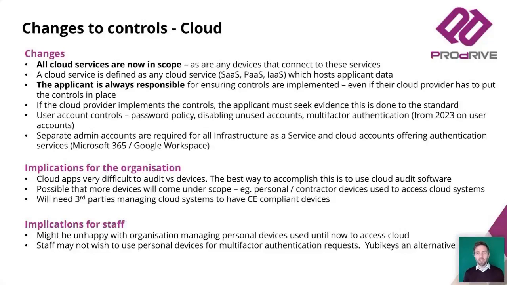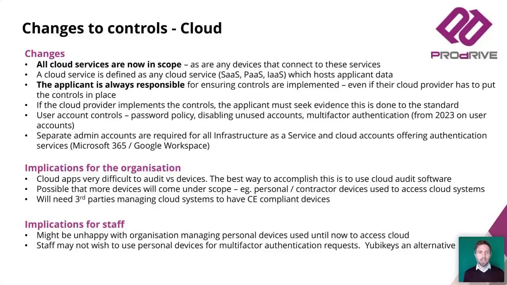Any of those types of service which host organization data. The obvious one is something like Microsoft 365 or Google Workspace. However, you definitely extend that to the likes of CRM systems, ERP systems. You could even take it as far as your company website as well.